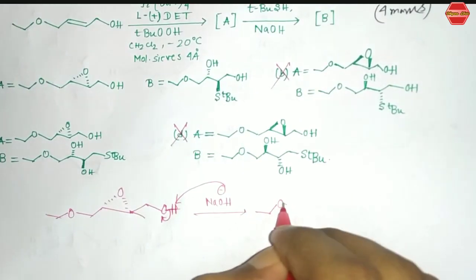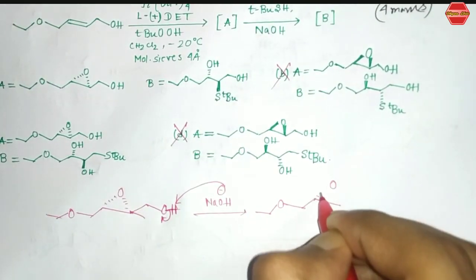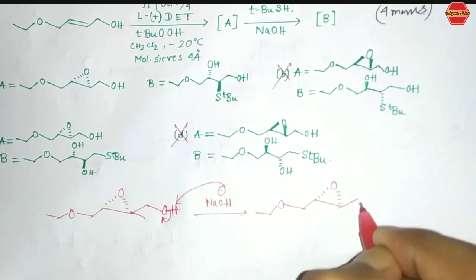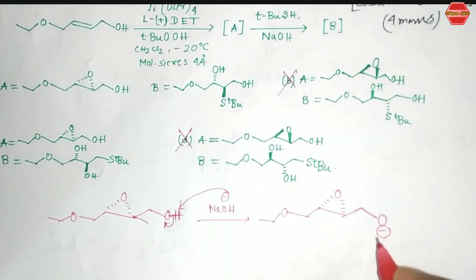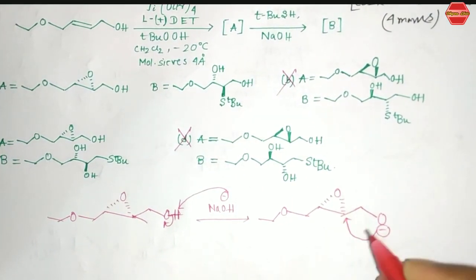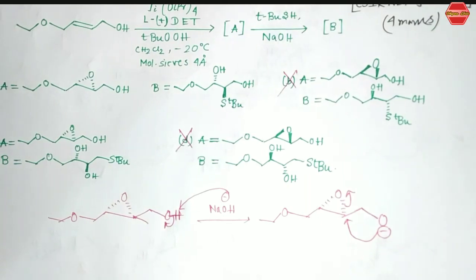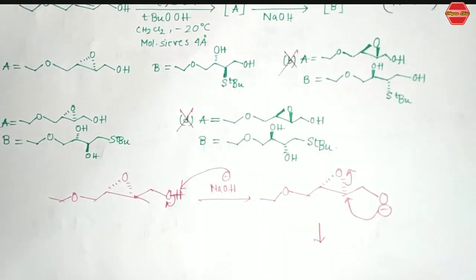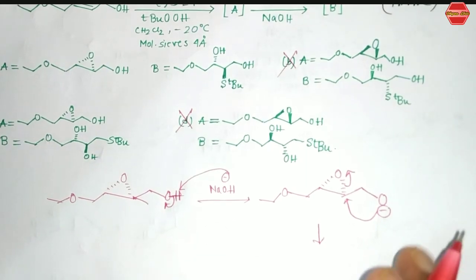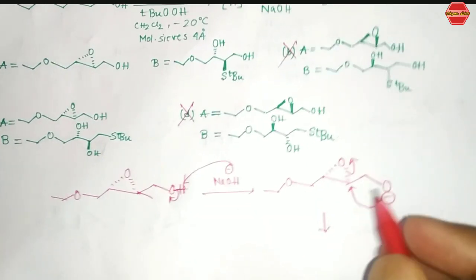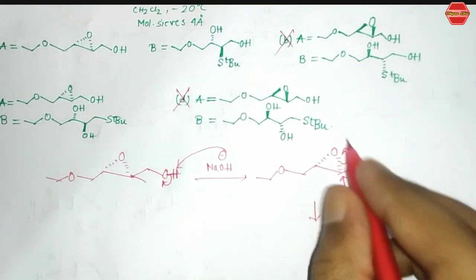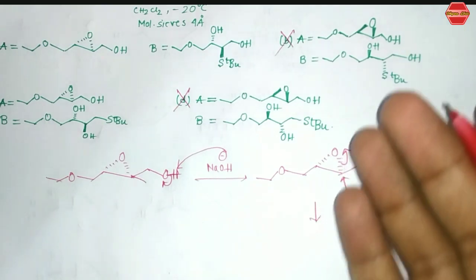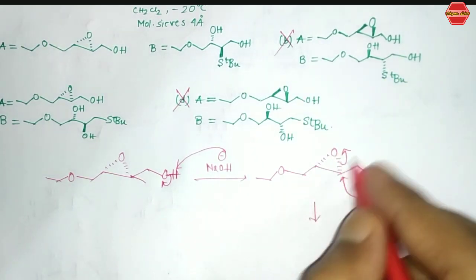Now this O minus directly goes over here, and this bond and the epoxide ring open up. So this type of rearrangement is called Payne rearrangement. Okay, I will show you how this negative charge directly attacks this center, and this epoxide opens up, and there is a formation of an epoxide also.